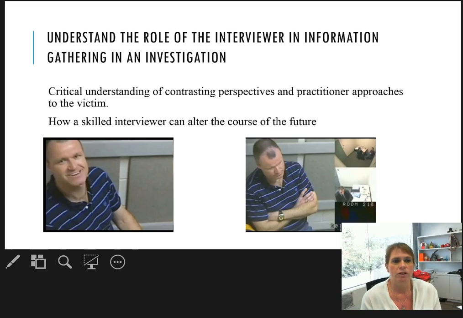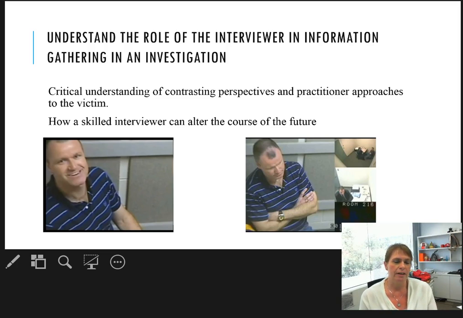We will then move on to understanding the role of interrogators or interviewers for criminal investigations. On screen you will see two photographs. On the left is Colonel Russell Williams. In a stance of happiness and some people say joy, he was charged and further incarcerated with multiple counts of rape and murder.